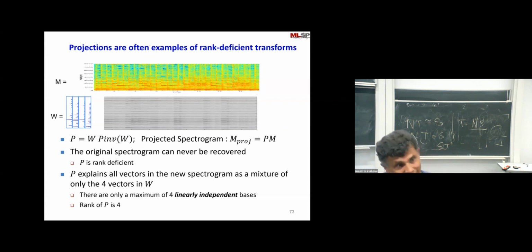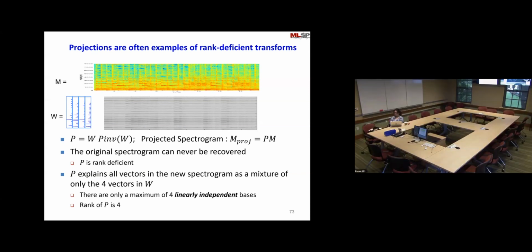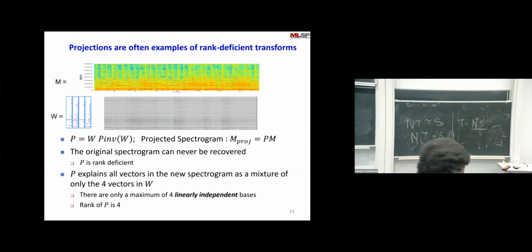If I transform the data down using the projection matrix, can I ever tell you how the 5th note is playing based on the result? The information is lost, right? So the rank is exactly how much it explains.